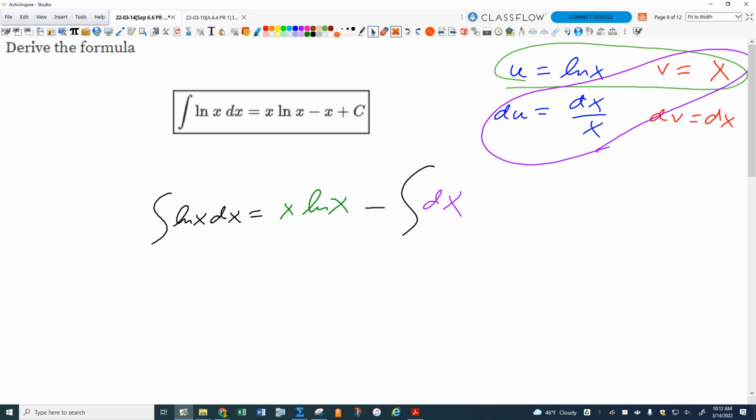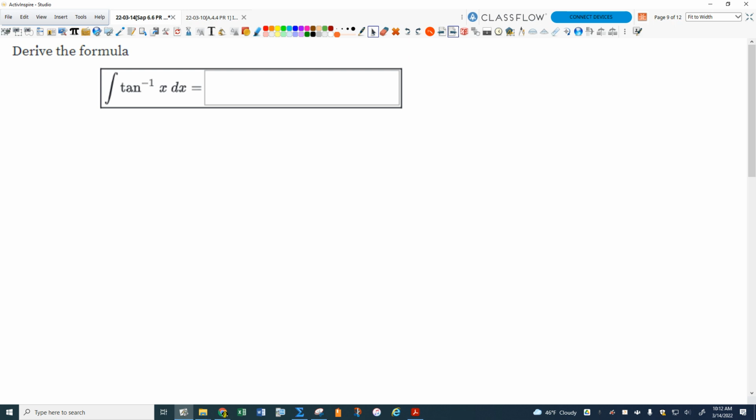Okay. How about this one? What would I choose for my u this time? And it's an inverse tangent, not a tangent. Tangents would be easy to integrate, right? So what am I choosing here for u?